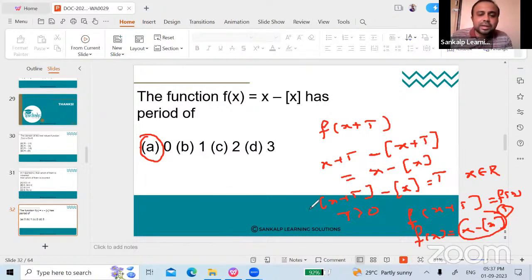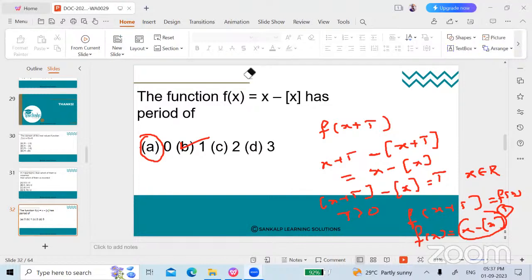When the period T is greater than 0, at least it starts with 1. So 1 is the answer for this. Option B is the correct answer, not option A. Okay, sir.